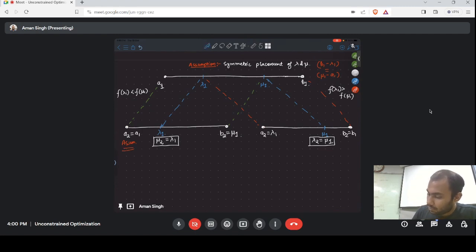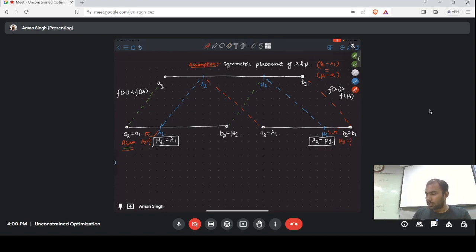And once we have these points, at these points we already know the functional value. We just have to find one more point on the left, that is lambda 2 here, and on the right, which means we have to find mu 2.